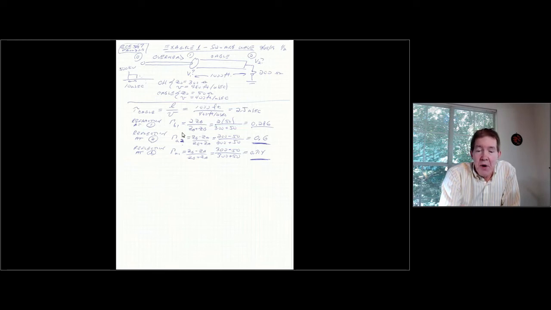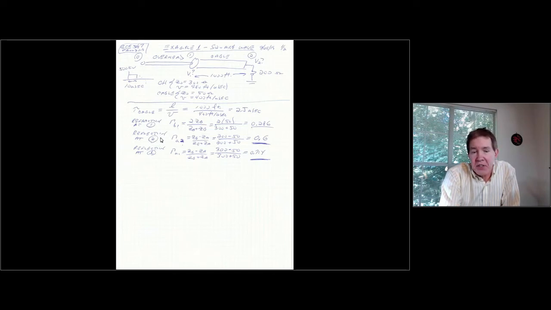So that refraction coefficient is 0.286. So 0.286 of whatever hits from the overhead side is going to continue to go down that cable. Now, when I hit the load side, I'm going to get a reflection at that.